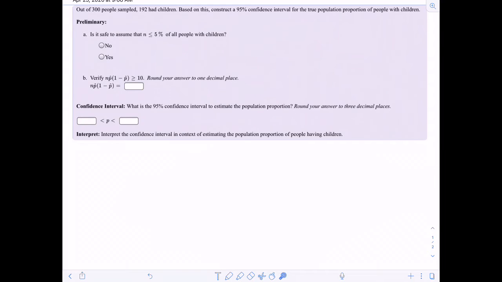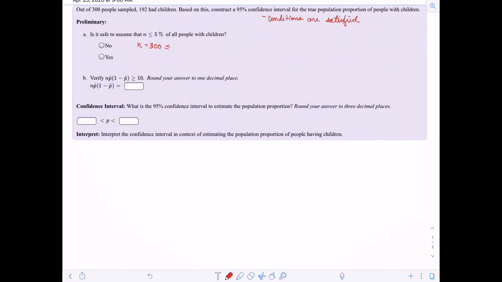So right here, the first thing is they don't tell us anything about the population, so we have to make sure the conditions are satisfied. Is it safe to assume that the sample size is less than 5% of all people with children? Well, n is equal to 300 people.